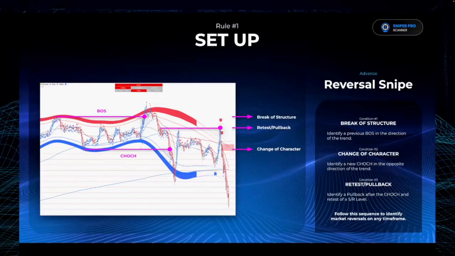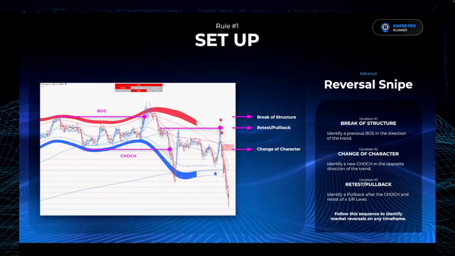This is also a 3 condition rule. Condition number 1 is looking for the break of structure in the direction of the trend, much like the trend snipe. Now, once you see that, you want to move to the second condition, and the second condition is an immediate change of character, or what we call a choke, which is the change of character.